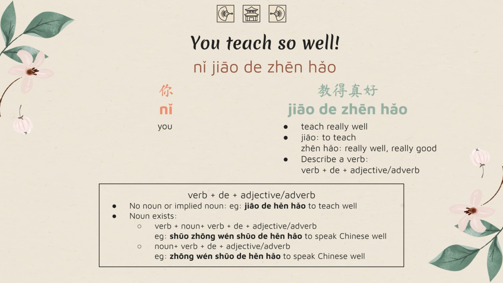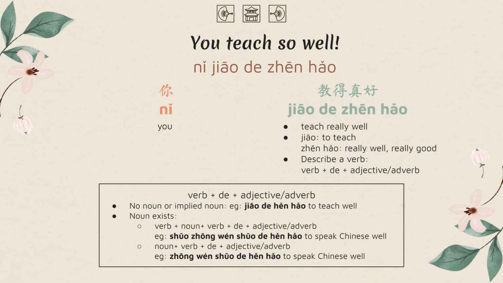But when the noun does exist, then it gets a little more complicated, and there's basically two ways of saying that. So you could either say the verb and the object and repeat the verb, and then the adjective/adverb, because the 得 has to follow the verb directly. So for example, if you want to say to speak Chinese well, 说中文说得很好.